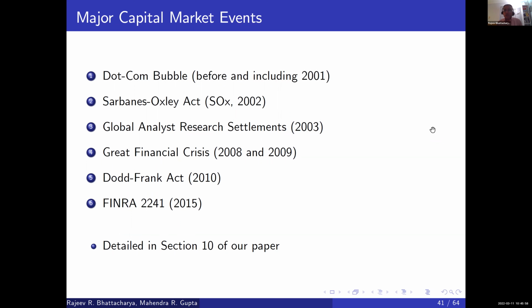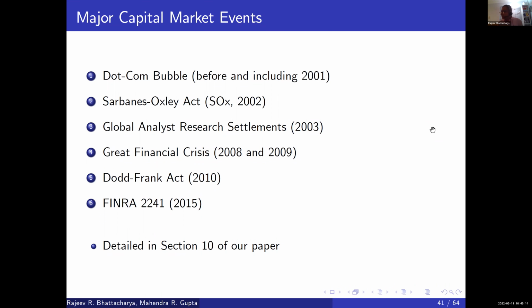So the Global Analyst Research Settlements and FINRA 2241 are specifically about analyst behavior. The rest are about financial regime changes.